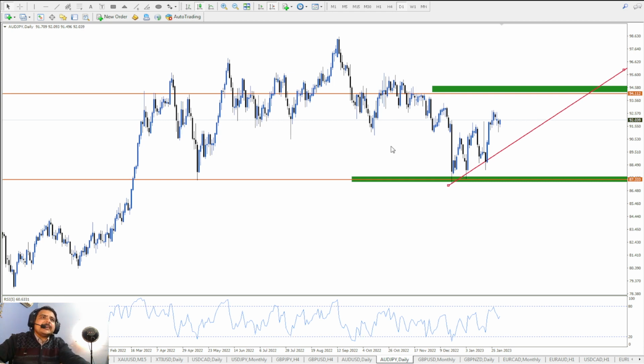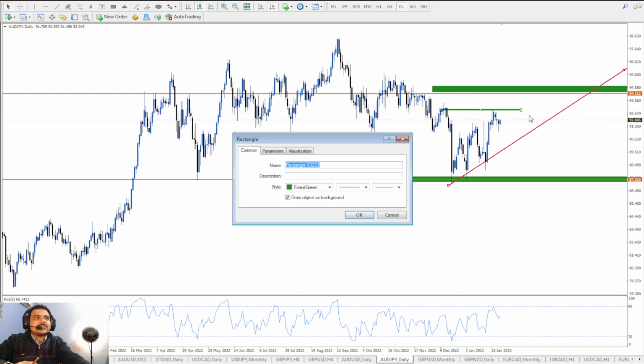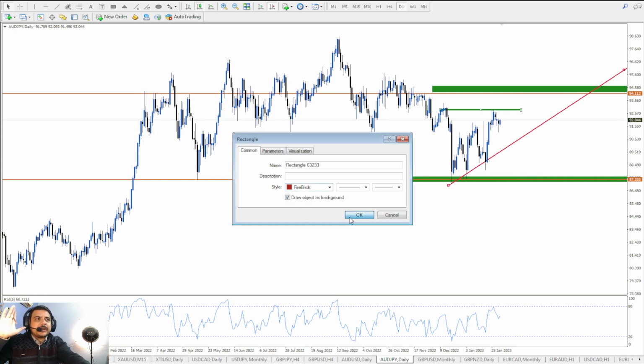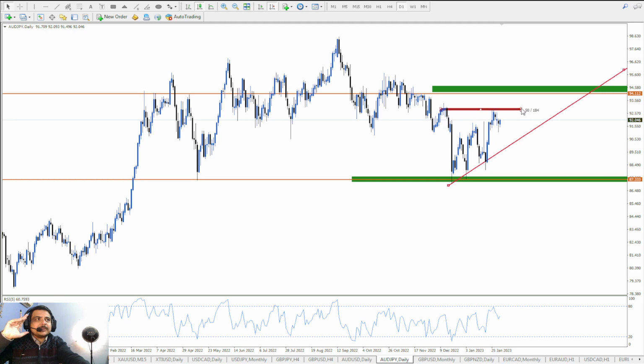Now on the daily time frame, it is clearly going up till 94.11. But how about this one? Now here comes the structure part. Now you have to understand it.